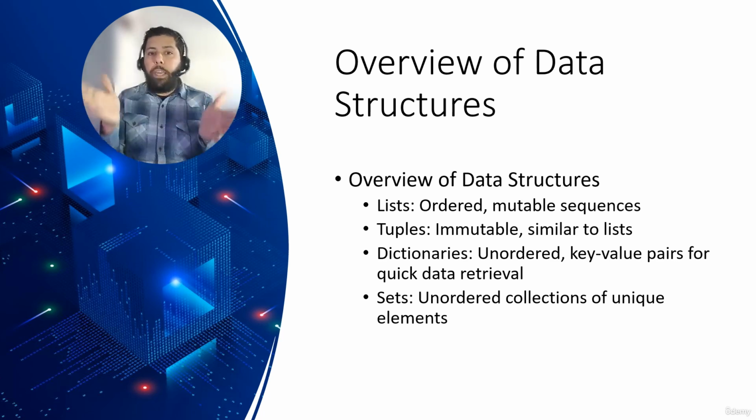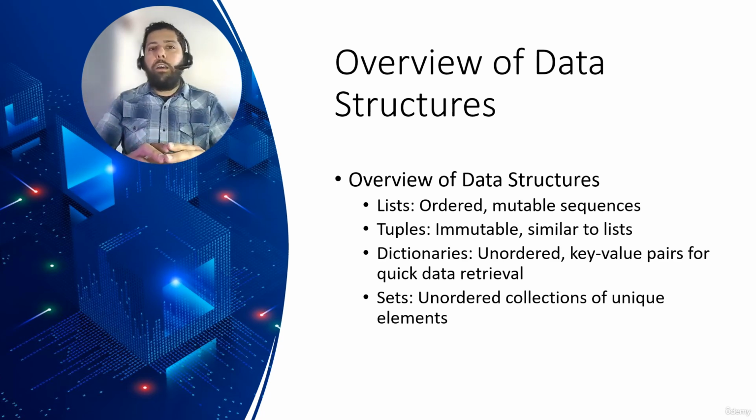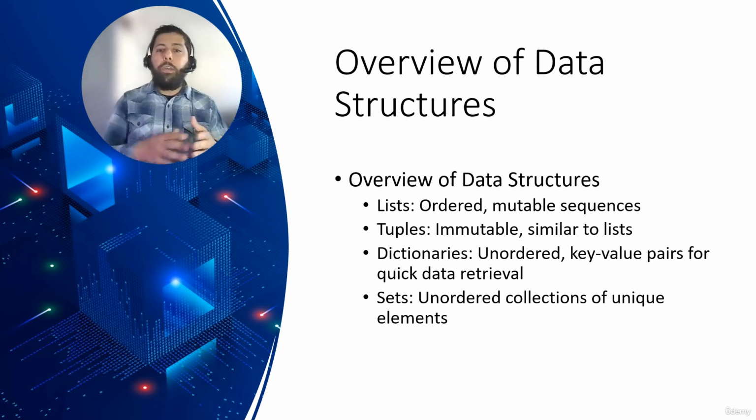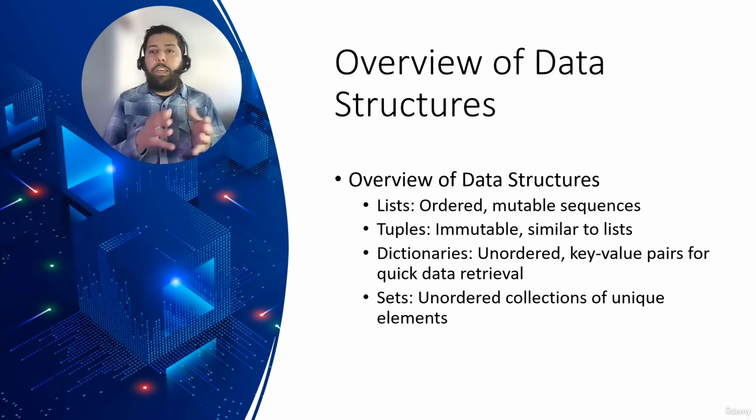Whereas tuples are different. They're immutable, and that means the opposite. It means that you can't change the data within that tuple. So basically a tuple is like a list, and the only difference is you can't change the data in there. There are good reasons why you would use a list over a tuple, which we'll talk about.